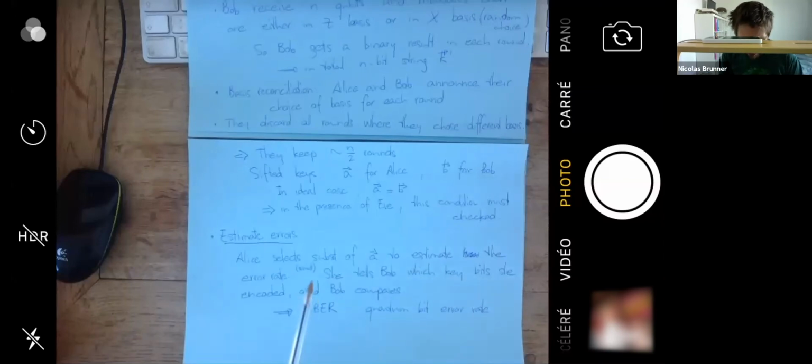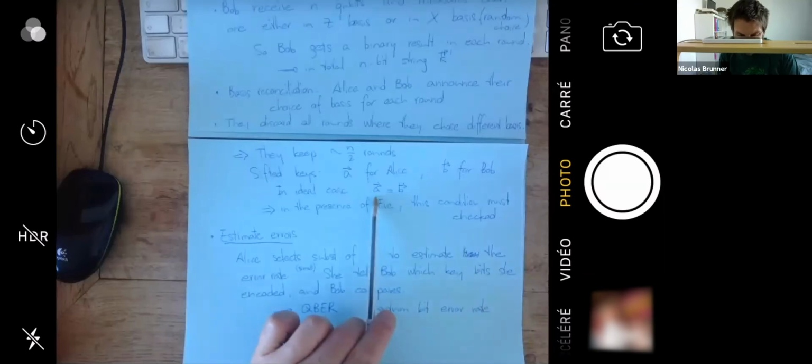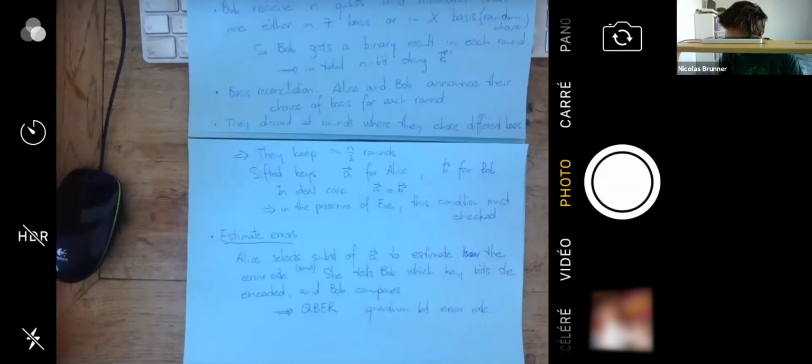However, if the error rate is too large, and we will see later what too large actually means, then you know that you are relatively far from the ideal case, and it might be that these errors were introduced by the attack of an eavesdropper. Therefore, because we can no longer provide a proof of the security for these keys, we will abort.